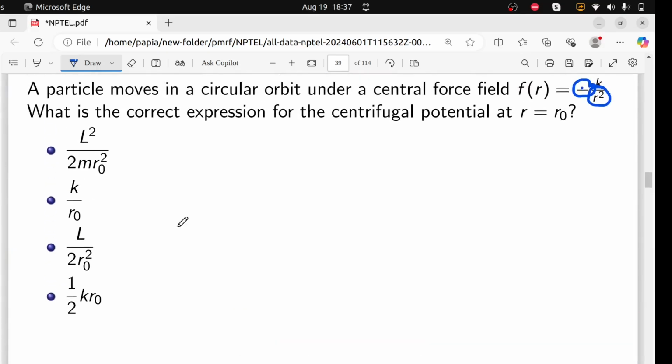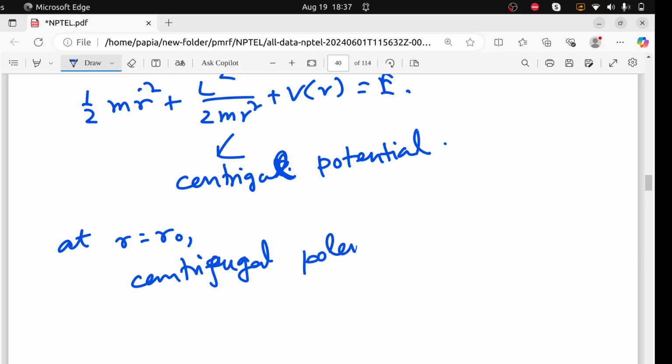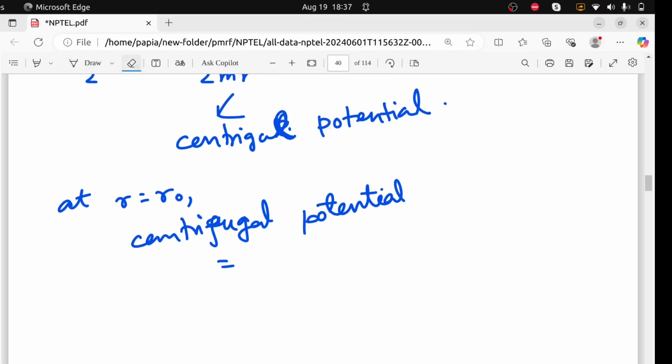So they are asking what is the correct expression for the centrifugal potential at r equals r0. So at r equals r0, the centrifugal potential is L square by 2m r0 square.